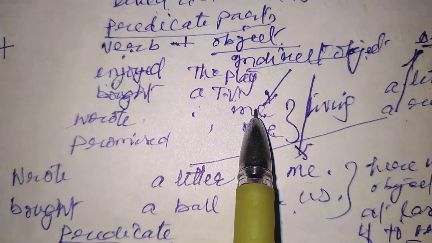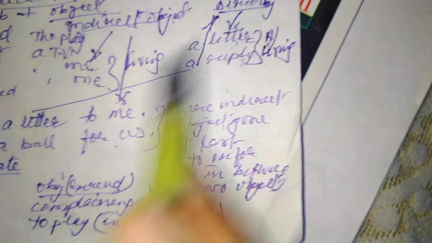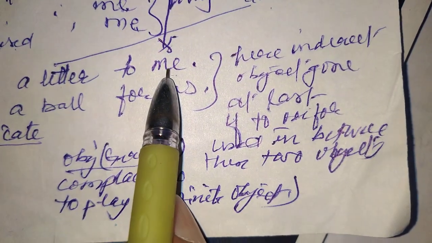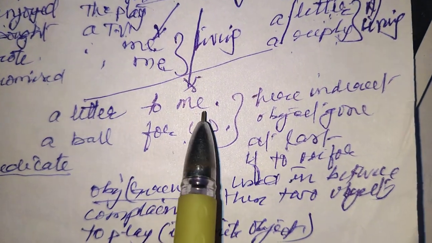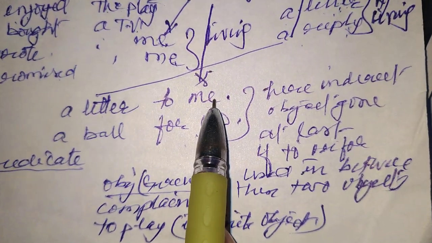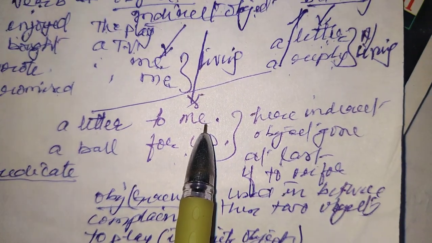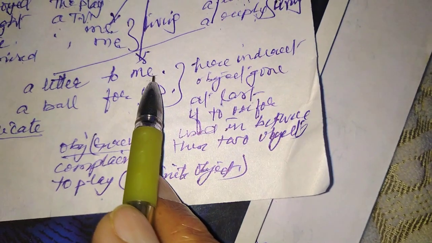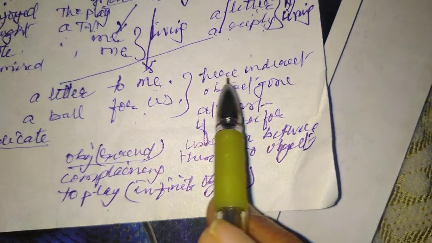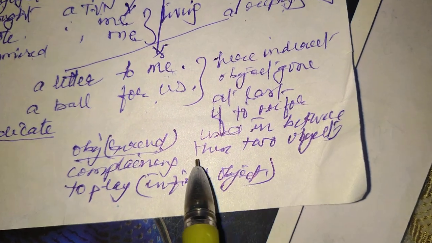The me which was here before the direct object, here we have brought it as the last object. The indirect object is at last.